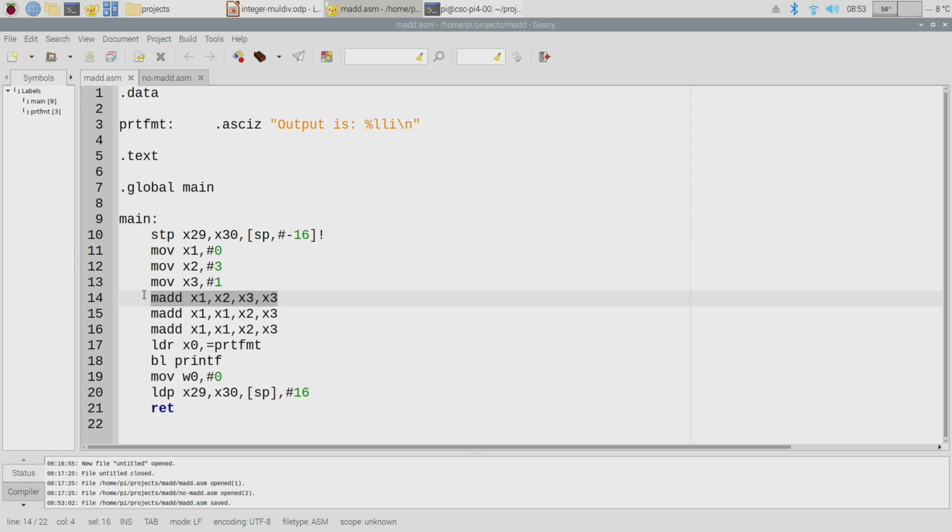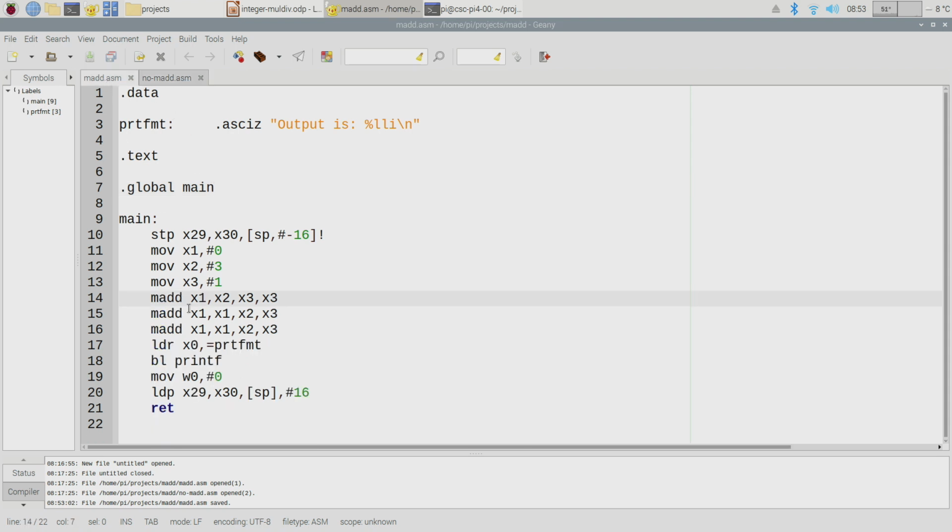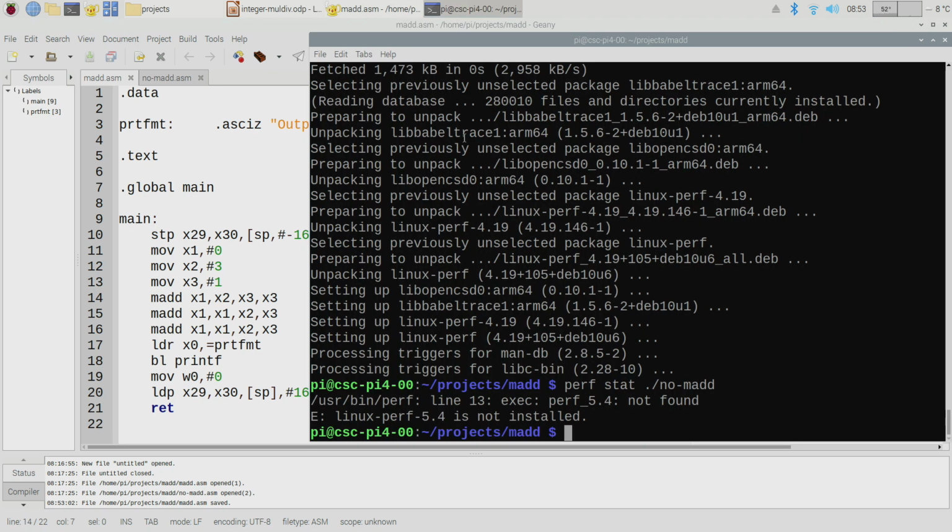But to do an apples to apples comparison, I used 3 move operations in the other one, so I better use 3 there, so that if there's a difference in how long it takes to execute these, I don't want it to be because of those move parts. I want to see why the MAD instruction is really beneficial. Good. Okay, so let's assemble the other version.